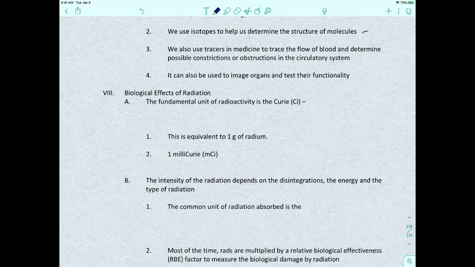Now, what about the biological effect of all this radiation? Well, the fundamental unit of radioactivity is called the curie. And 1 curie is equal to 3.70 times 10 to the 10th nuclear disintegrations per second.